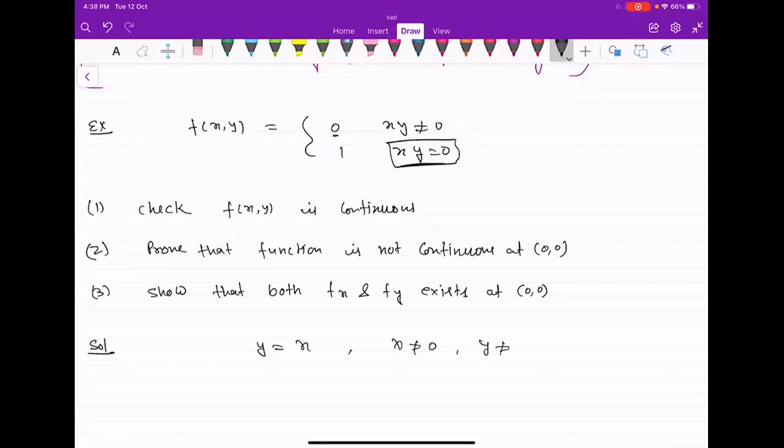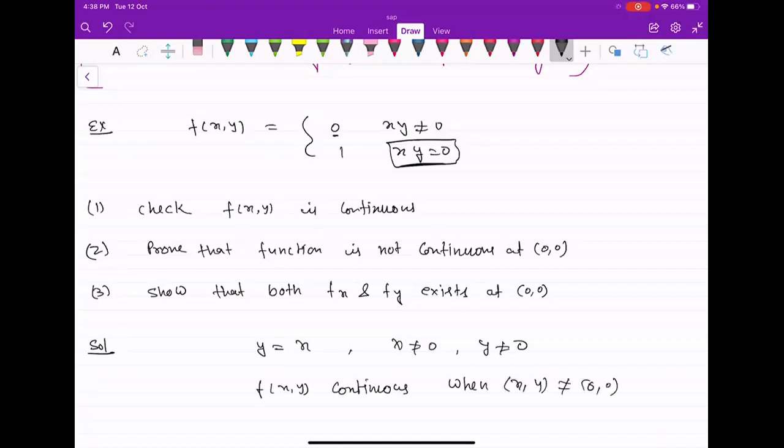Then y is also not equal to 0. Then the function value is coming out to be what? 0. Okay, so it is 0 everywhere. So the function f(x,y) is continuous when (x, y) is not equal to 0.